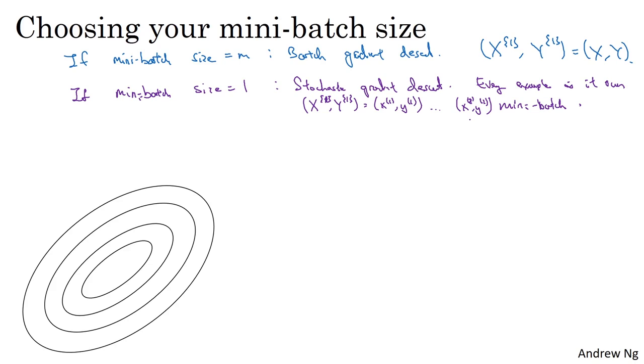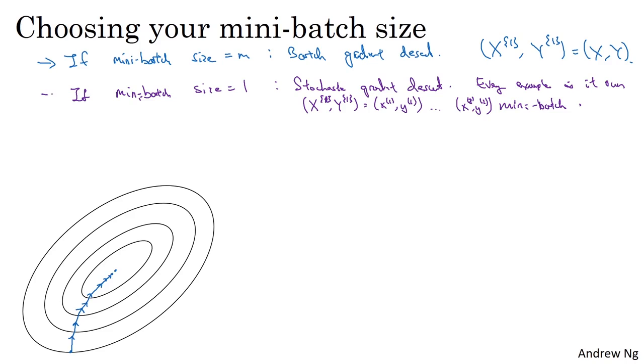So let's look at what these two extremes will do on optimizing this cost function. If these are the contours of a cost function you're trying to minimize, so your minimum is there, then batch gradient descent might start somewhere and be able to take relatively low noise, relatively large steps, and just keep marching to the minimum.